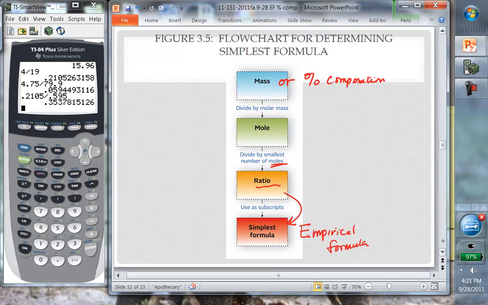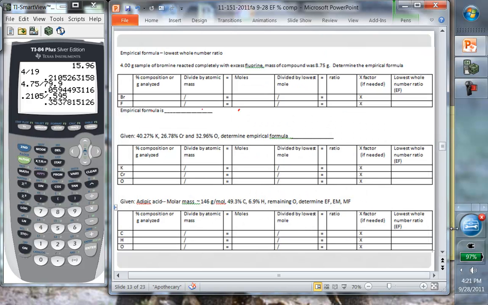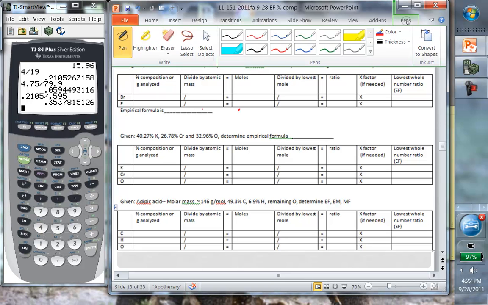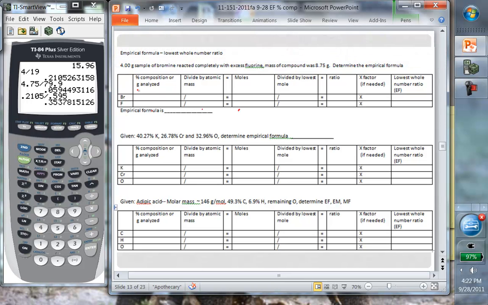So let's take a look at this. I have 3 problems here, and going through the first problem, it says that we have 4 grams of bromine, and they react completely.